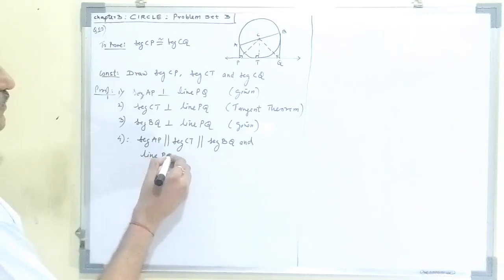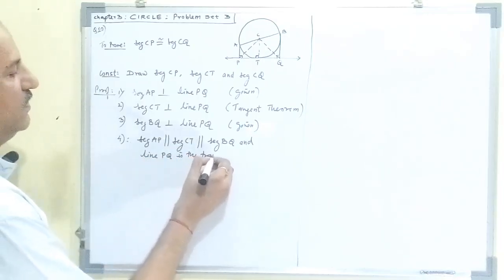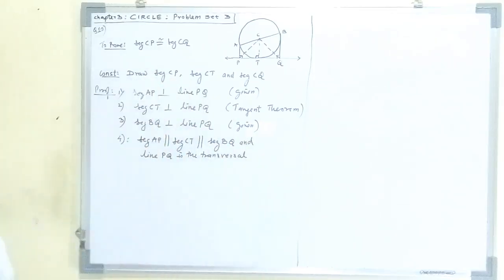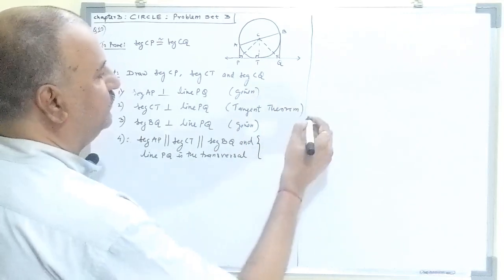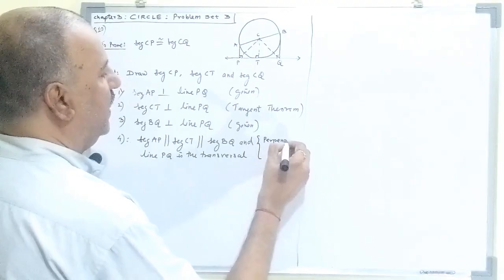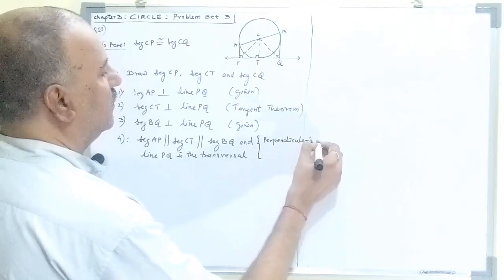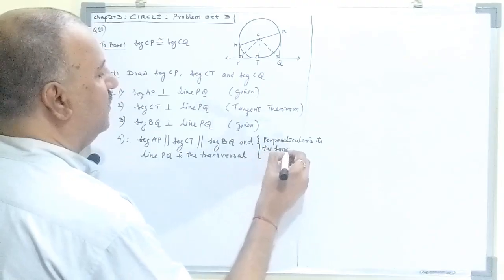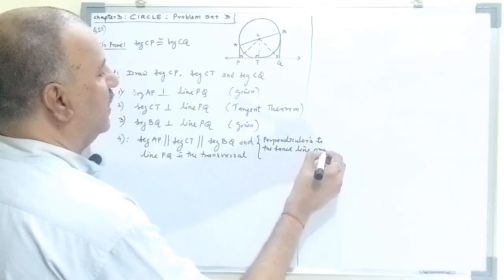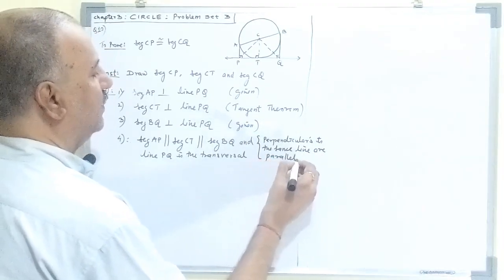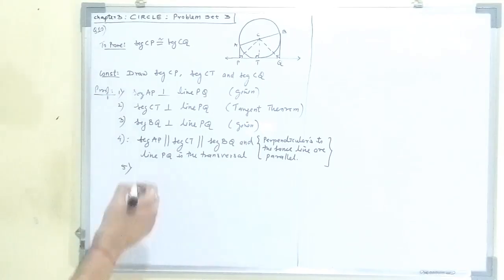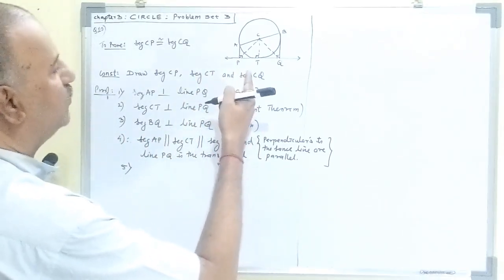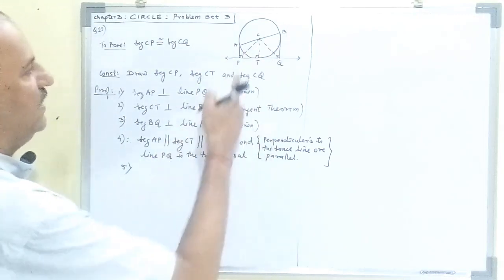and line PQ is the transversal. इसका रीजन है perpendiculars to the same line are parallel. अब आते हैं स्टेटमेंट नंबर 5. नेचुरली ये जो रेशियो है देखो, दे आर टू ट्रांसवर्सल, दिस एंड दिस, PQ and ये, and these are 3 parallel lines.